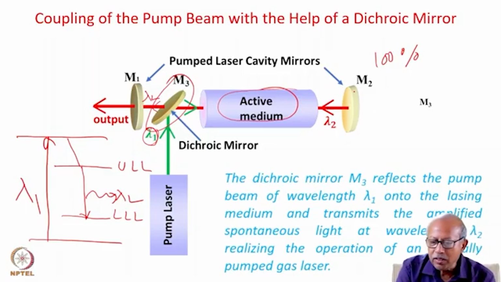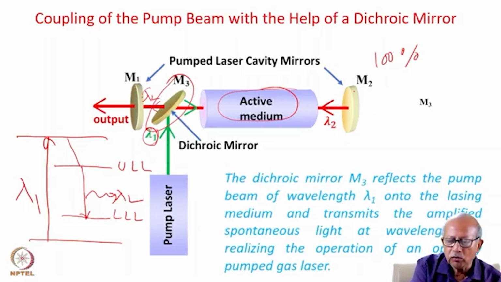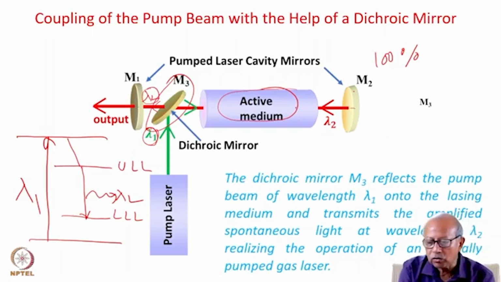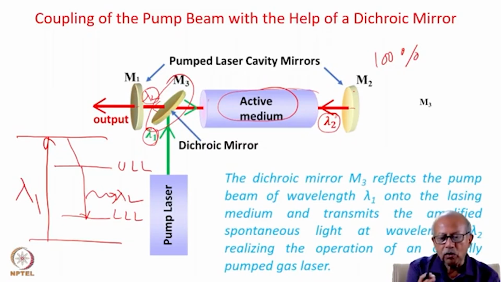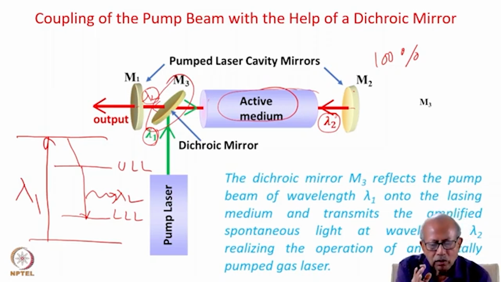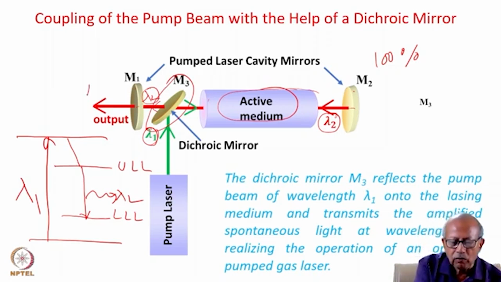So a cavity is going to be formed at wavelength lambda 2 and it will be able to oscillate back and forth. And the light now would grow at this wavelength lambda 2. And so lasing would occur quite appropriately at this.